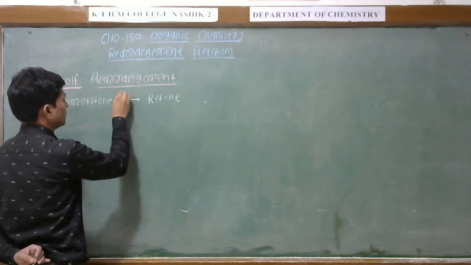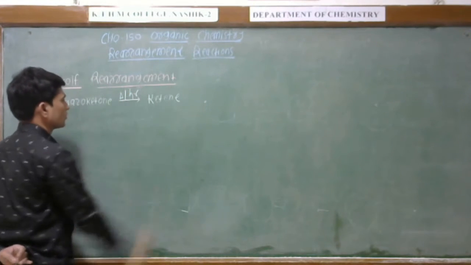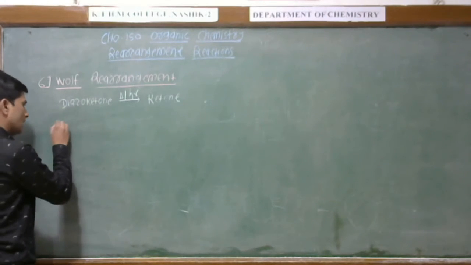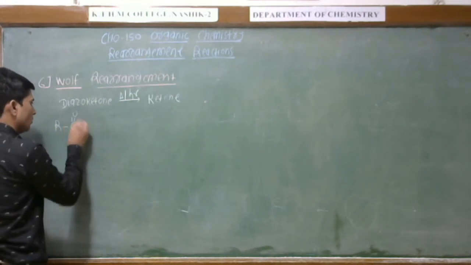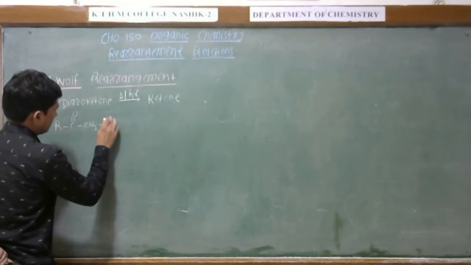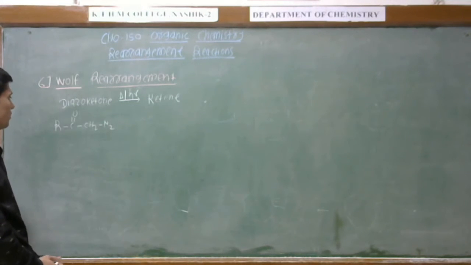When diazoketone is heated or undergoes the photochemical reaction, we have R C double bond O CH2N2. This is the diazoketone.